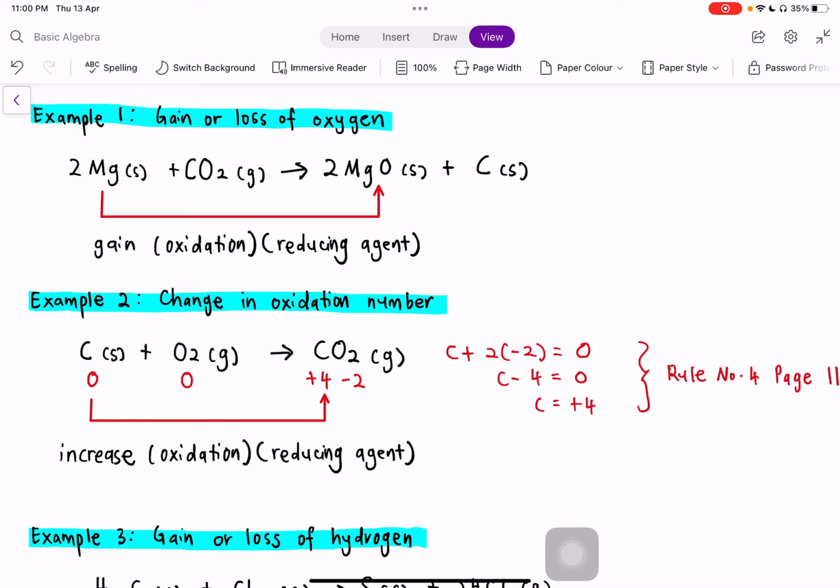Okay, for oxidation number, you can refer to textbook page 11. There are 8 rules for oxidation number.